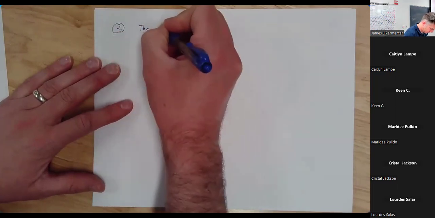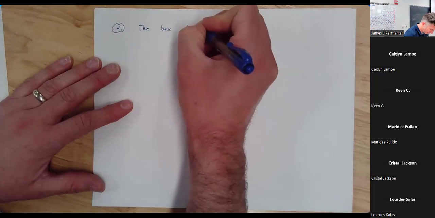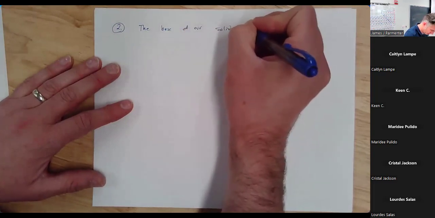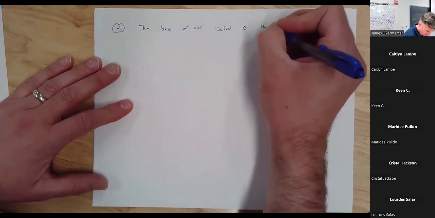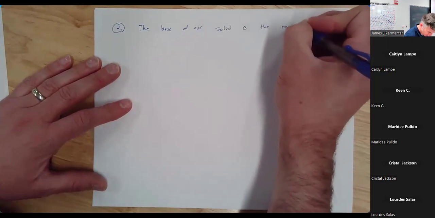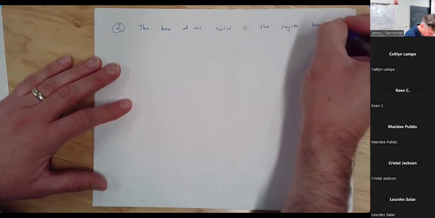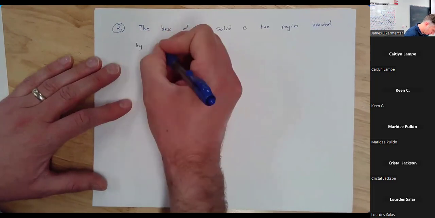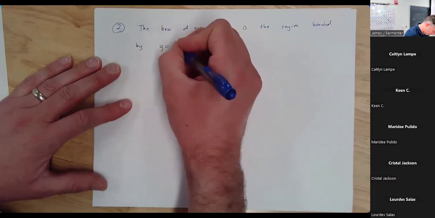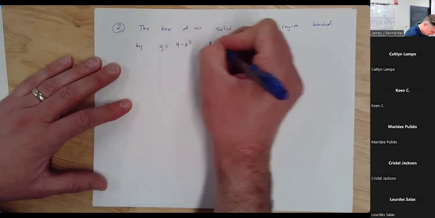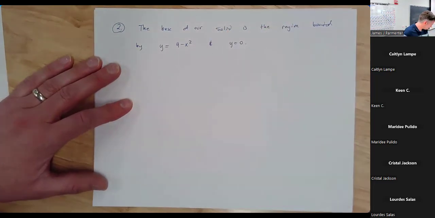So let's say we have the following setup. The base of our solid is the region bounded by y equal to 4 minus x squared and y equal to 0.